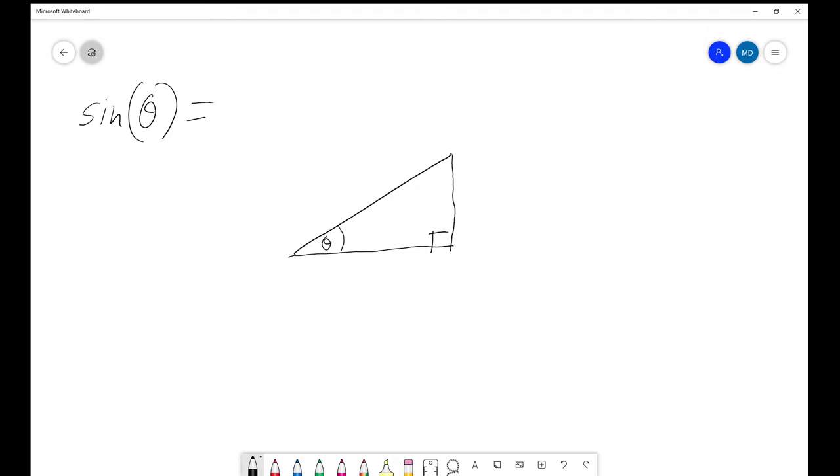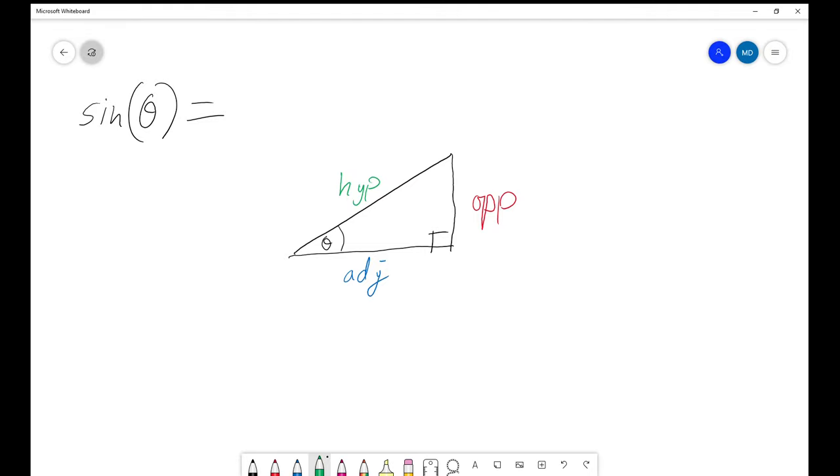We'll label these sides: this side is the opposite side, this side is the adjacent side, and this side up here is the hypotenuse. Of course, the hypotenuse is always opposite the right angle and doesn't change depending on where theta is.